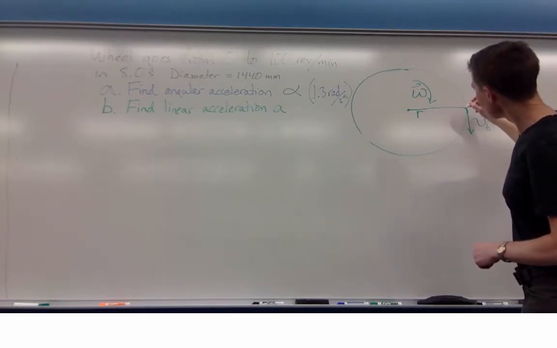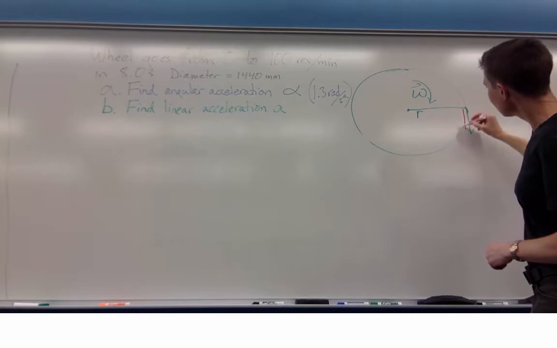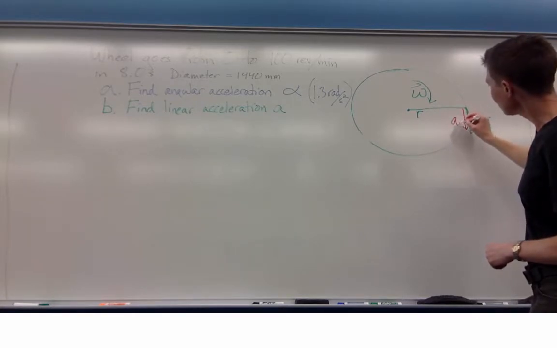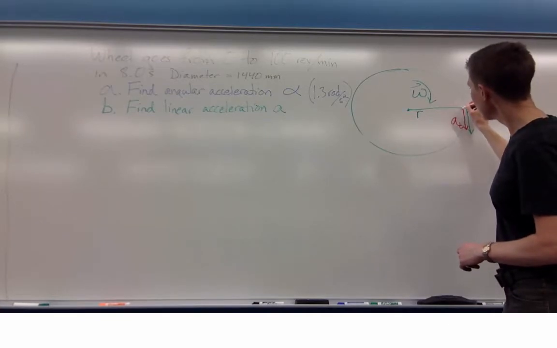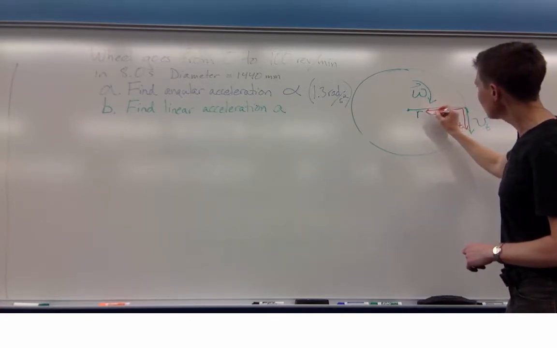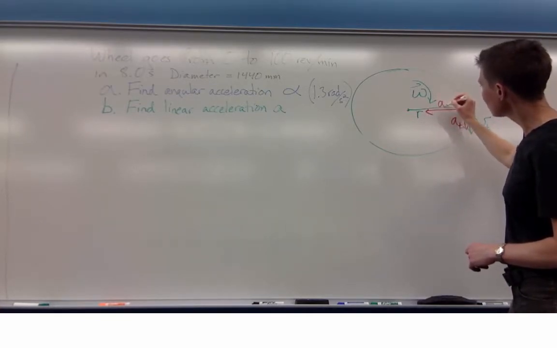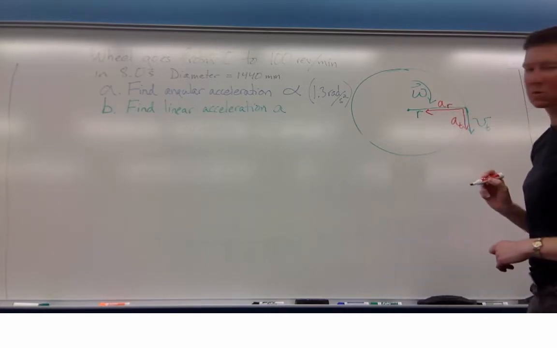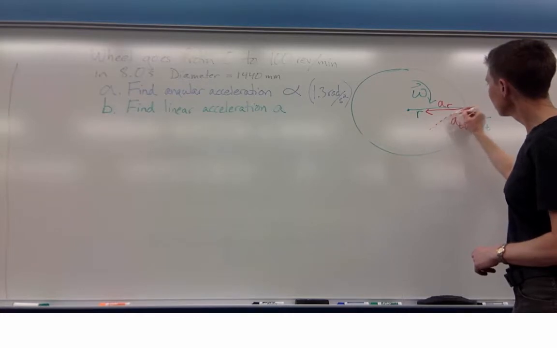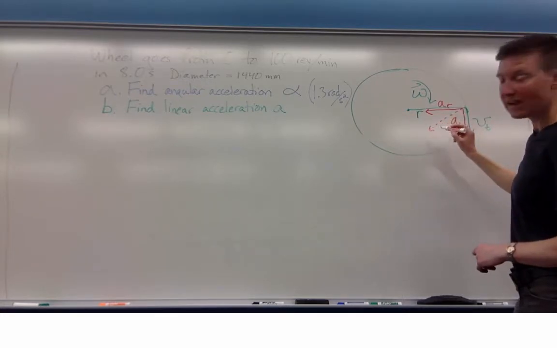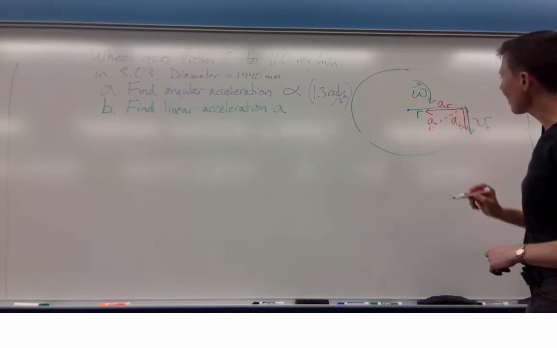So we have some acceleration this way, which is the tangential acceleration. It's going in a circle, so there's also centripetal acceleration, acceleration towards the center of the circle, which we'll call A sub r. And the total acceleration is the addition of these two vectors, and this is our vector A.